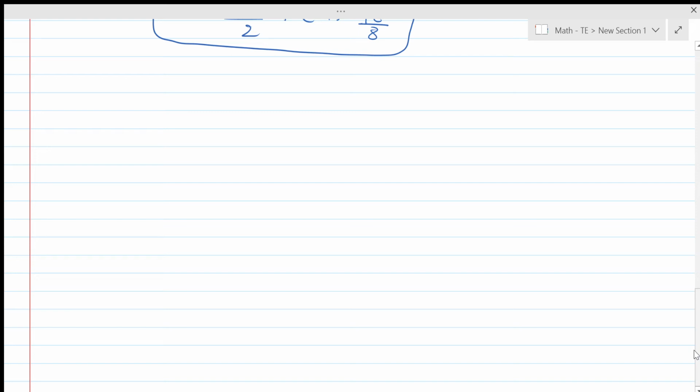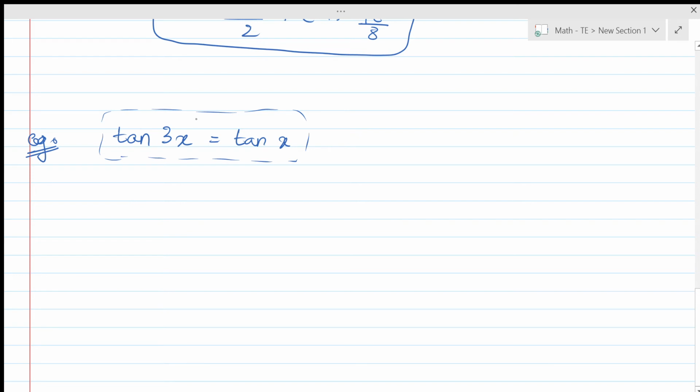Let's have another example. There is an important one here. The question says tan 3x is equal to tan x. People solve it quite correctly, but in the end they make a mistake. What is that mistake?